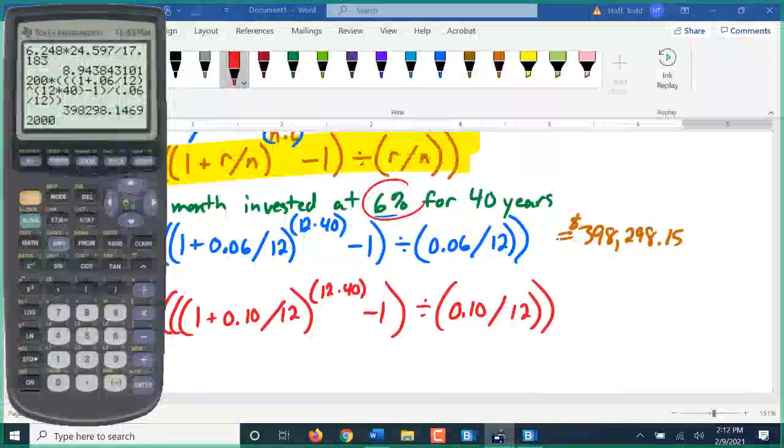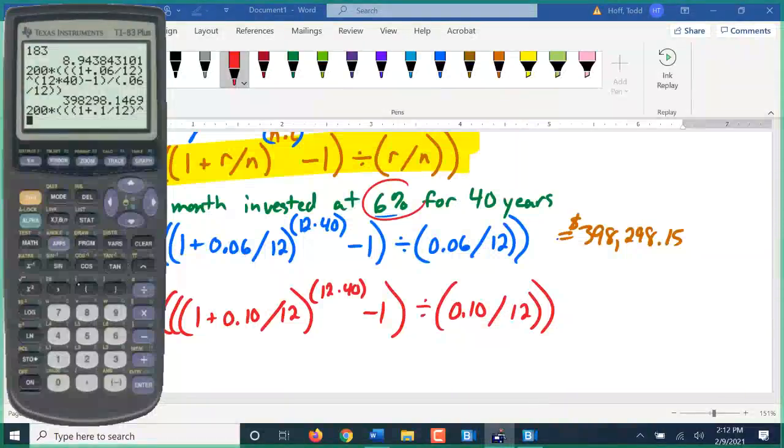So let's do this. 200 times 1, 2, 3, 1 plus 0.1 divided by 12, power of 12 times 40.